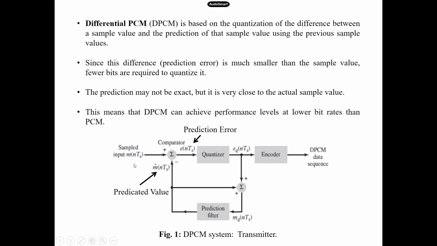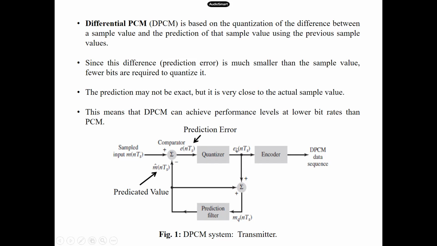So we have a sample input with sampling interval Ts, and with n bits, then we have a summer here. It goes to the quantizer. In a PCM system, you will not find this bottom part.